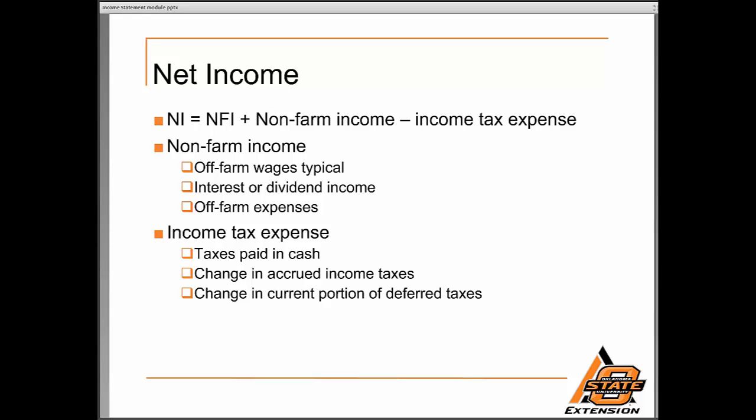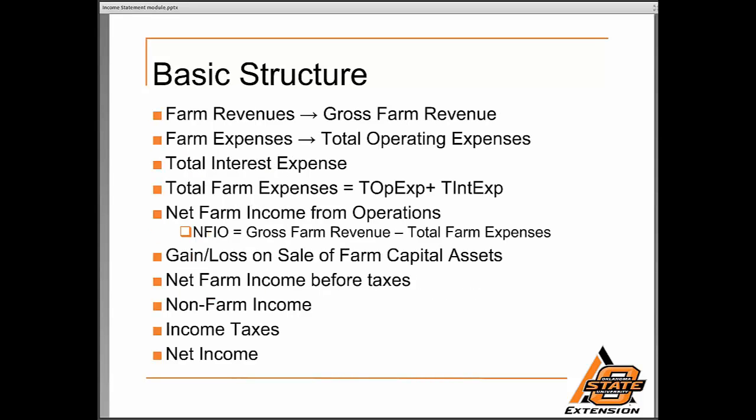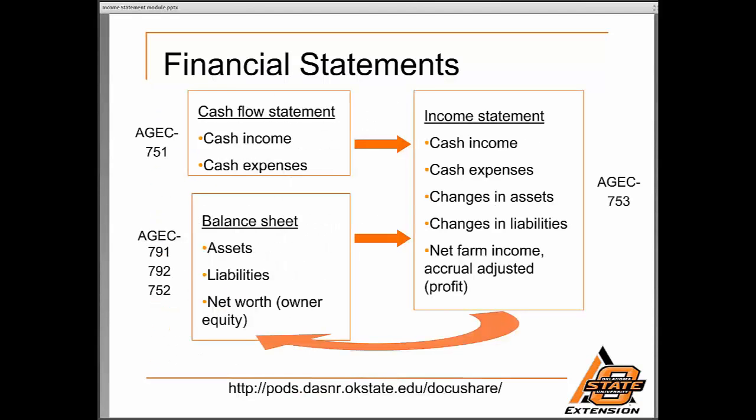As a review, the accrual adjusted income statement will include gross farm revenue, total farm expenses, net farm income from operations, capital asset adjustments, non-farm income, and income taxes before determining a final net income figure for the producer.